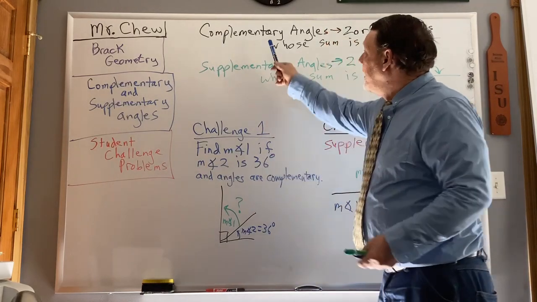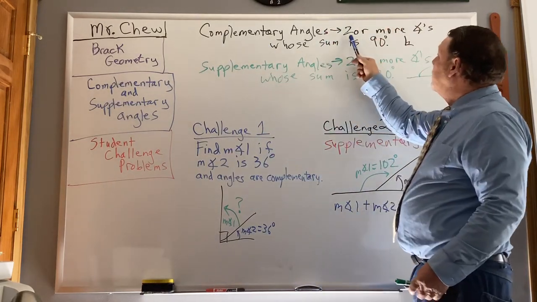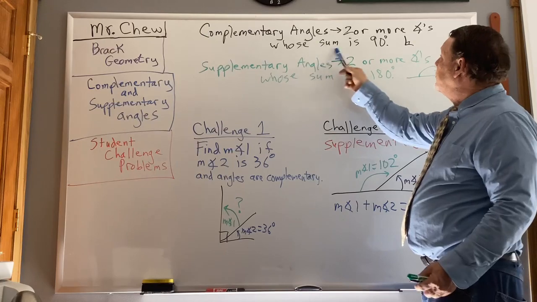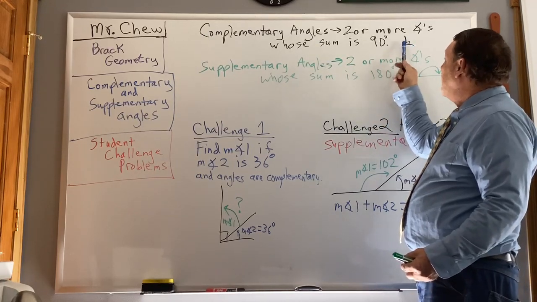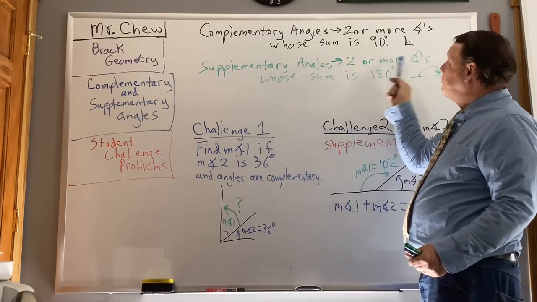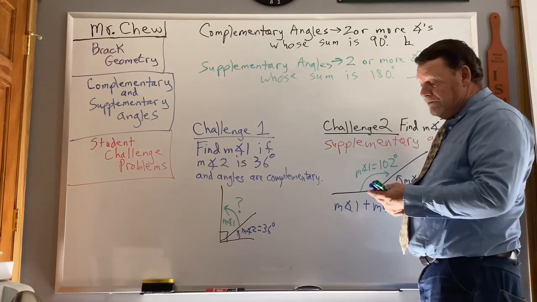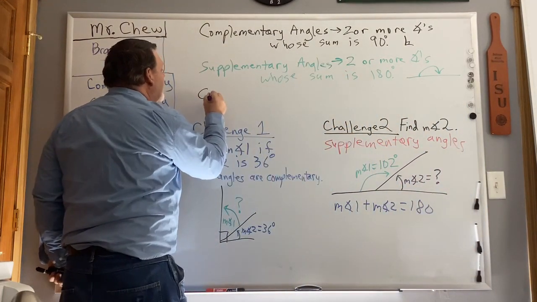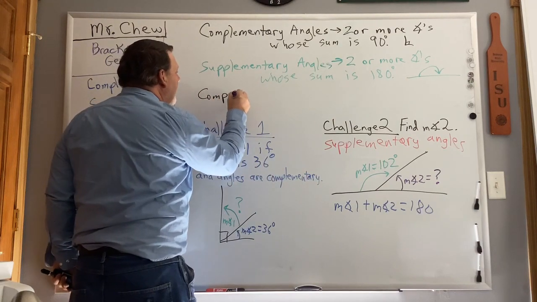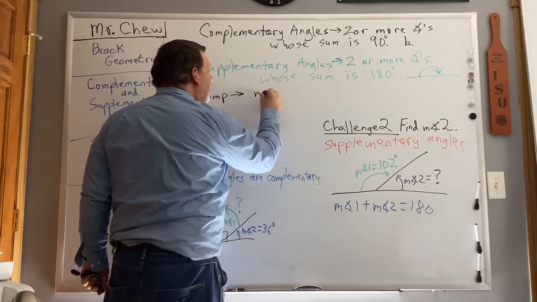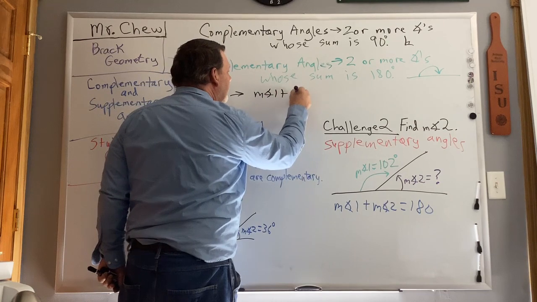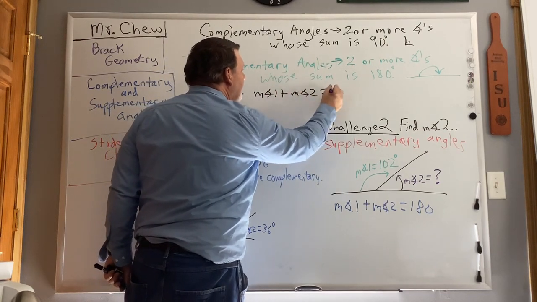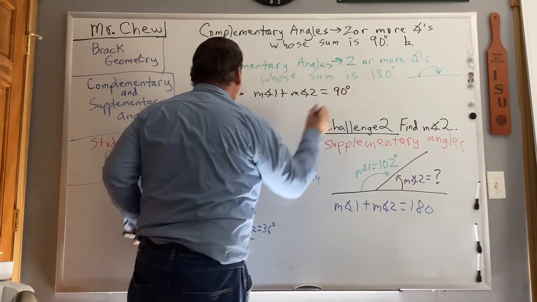So we explained how complementary angles is when two or more angles whose sum is 90 degrees. So it makes a right angle. Supplementary angles, two or more angles whose sum is 180. So I could say that they're complementary if two angles added together equals 90 degrees.